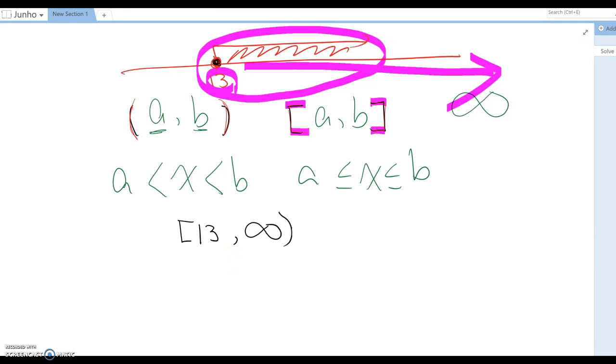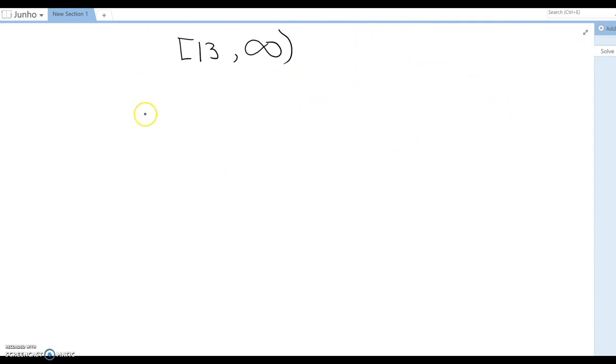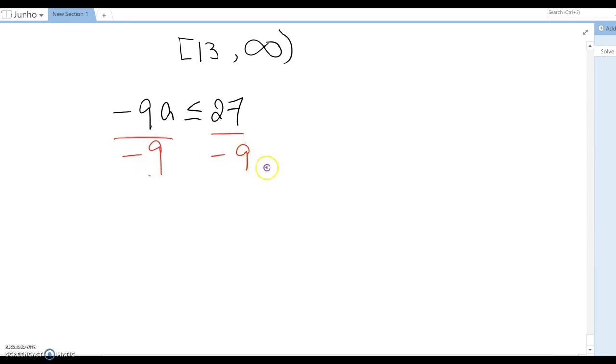So next one, negative 9a is less than or equal to 27. This case is similar to the previous one, but the only difference is that we are dividing by negative 9. When you divide by a negative number, the sign must be reversed.